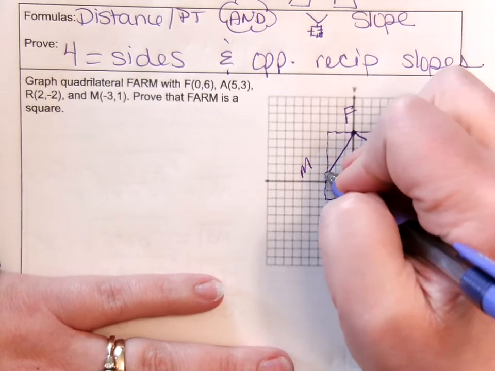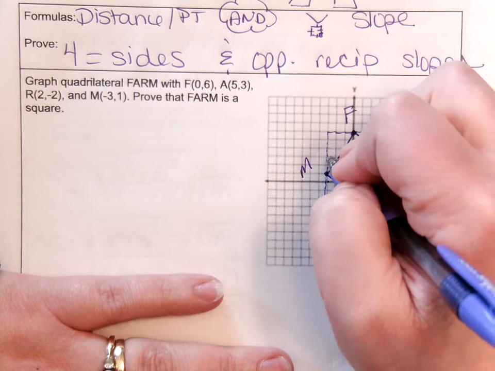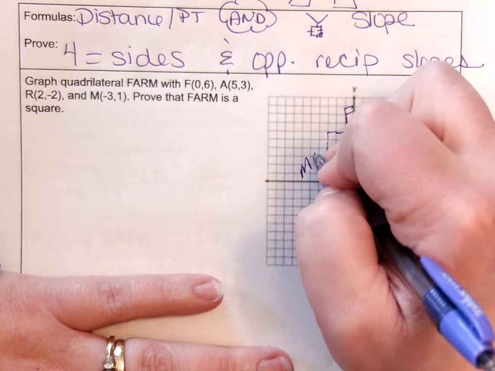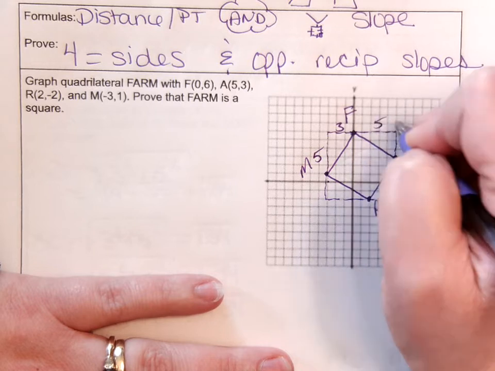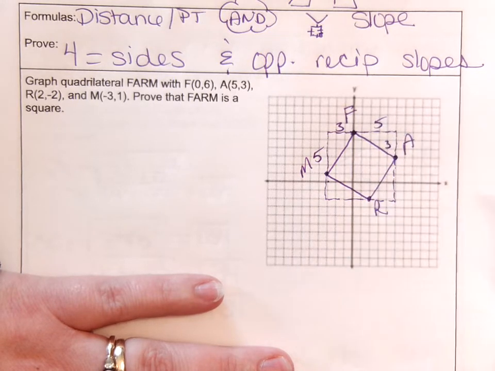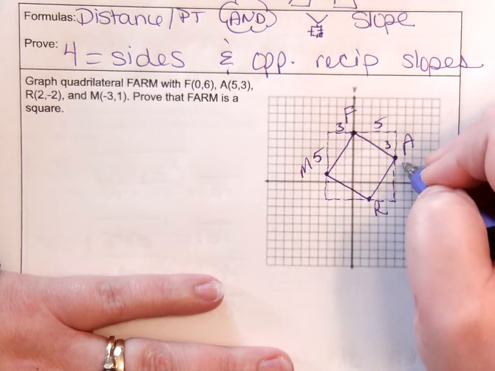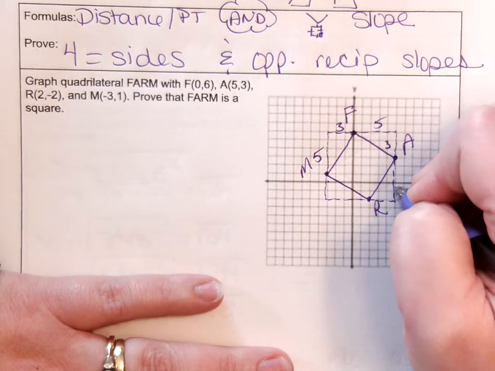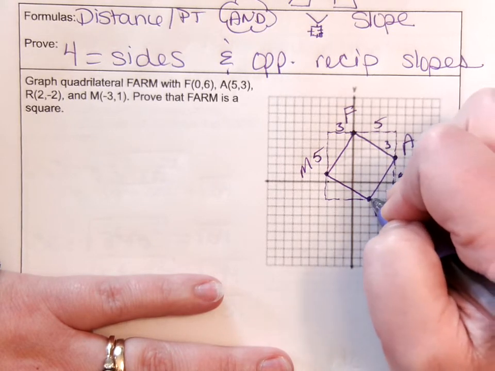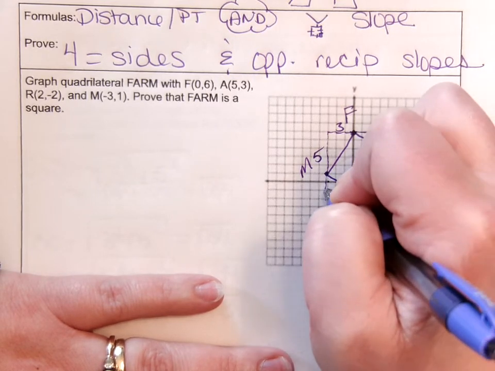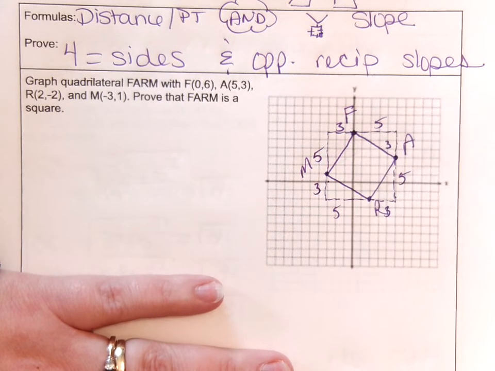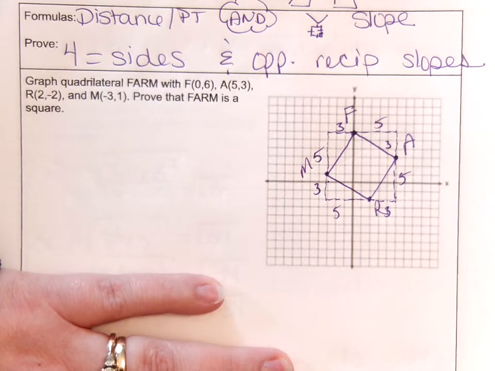Okay, so I'm going to start here at M, and this is 5 and 3. It's looking pretty familiar here, guys.